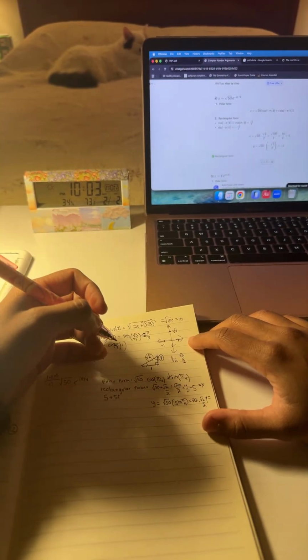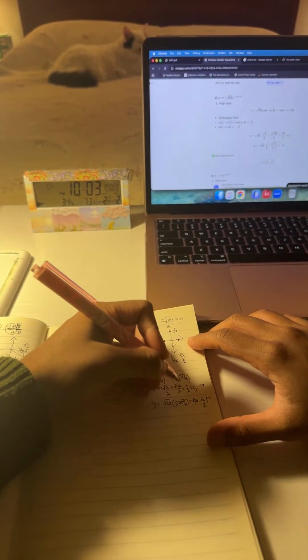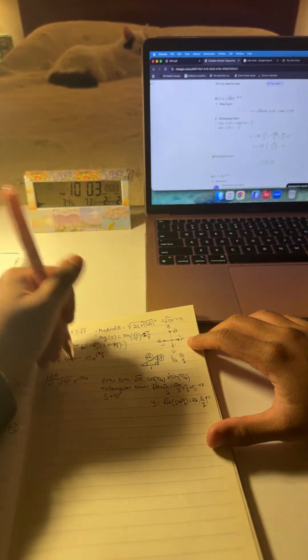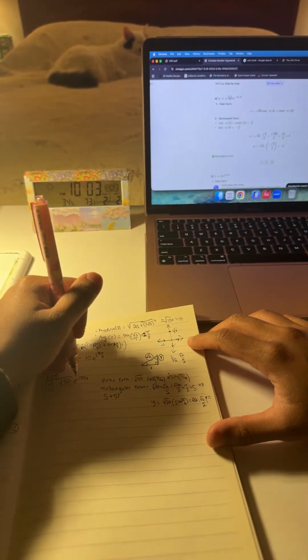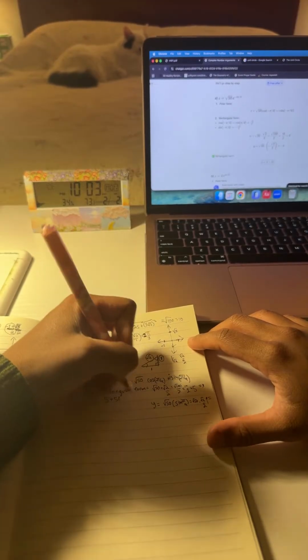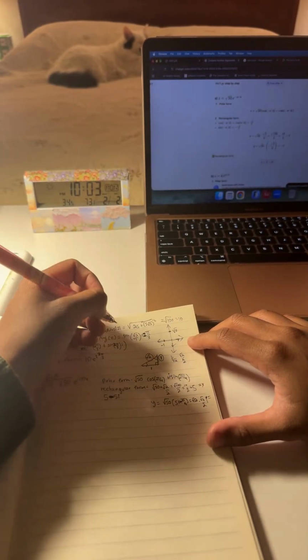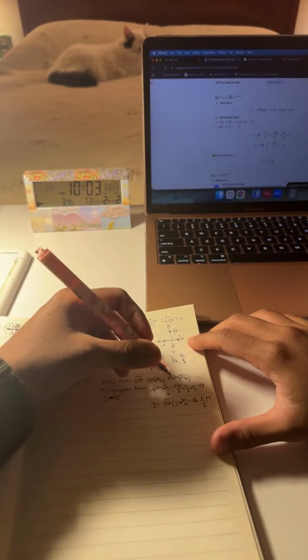or minus 5i, since it's negative. Negative? Is it negative? Oh yeah, it is negative. So the polar form is negative, negative, negative.